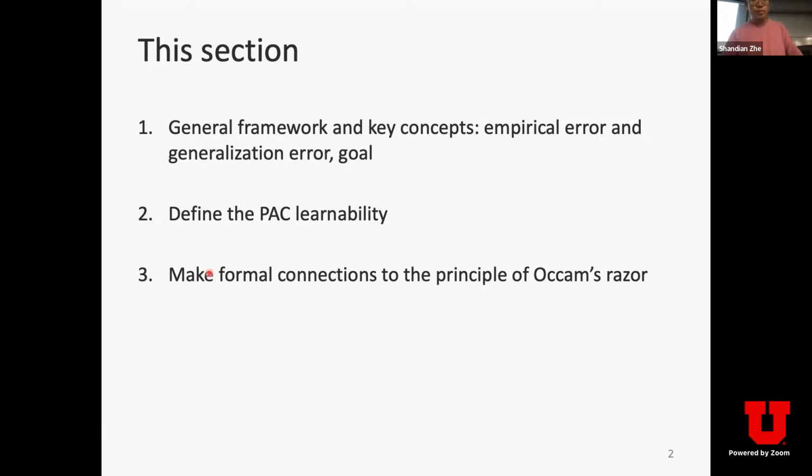And then, based on those basic concepts, we're going to give a formal description of the principle of Occam's razor. Actually, from the computational learning theory framework, we can use simple mathematics to show why the principle of Occam's razor is good, and why we should choose it.